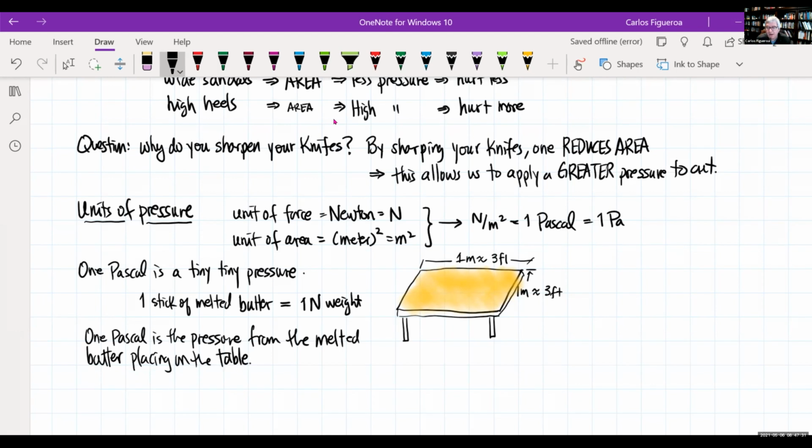So imagine the weight of the butter acting on the table. It's tiny. It's absolutely tiny.